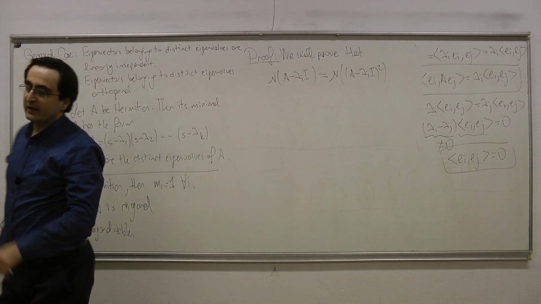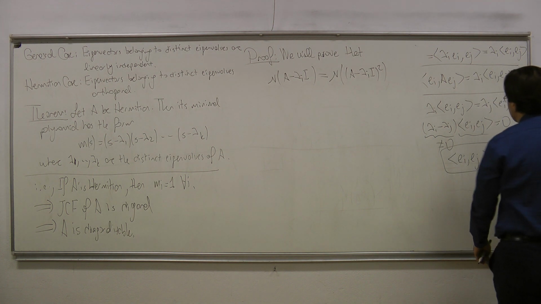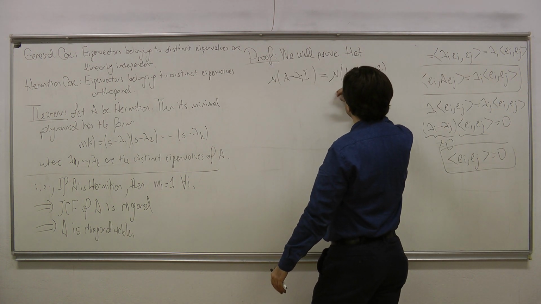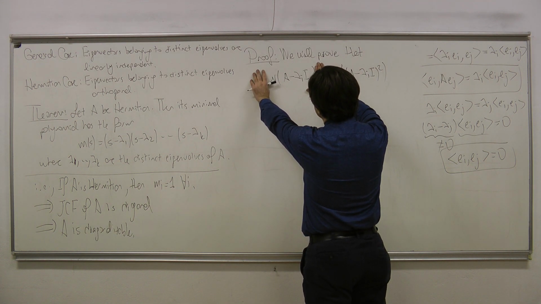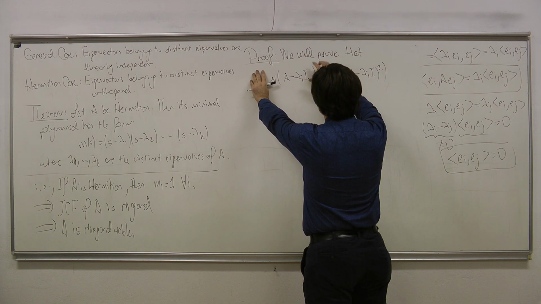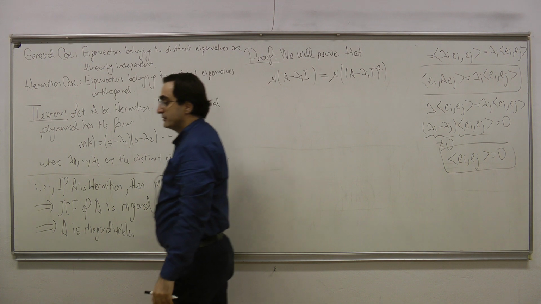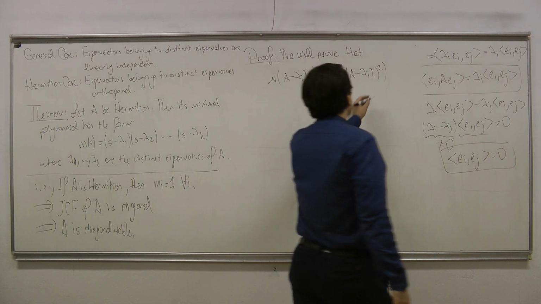Here, that means that we have to prove this equality to show that Mi are equal to 1. Because if this equality is satisfied, then this is my largest null space, and that means that Mi, which is the power of this matrix in this null space, is going to be equal to 1. So we need to prove this.